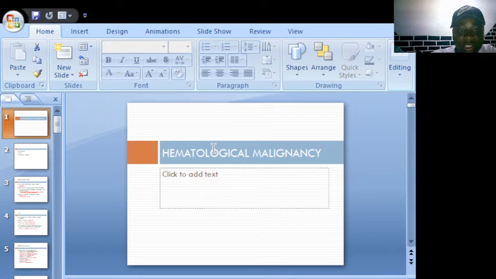Hematological malignancy. It is very important as a scientist, a medical lab student or health professional to know more about hematological malignancy. It is especially important for lab technicians, because the diagnosis and care of the patient are basically centered in the lab.